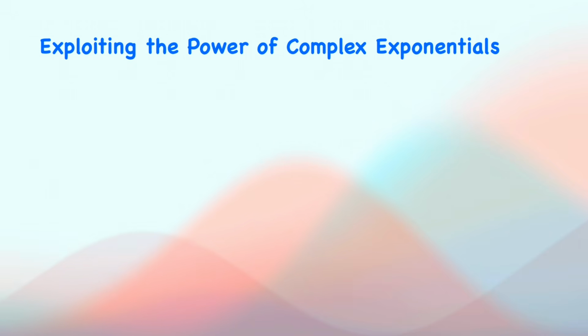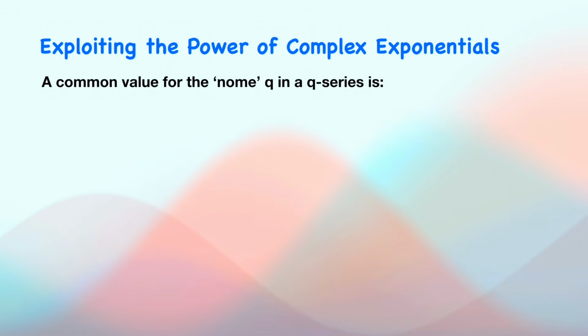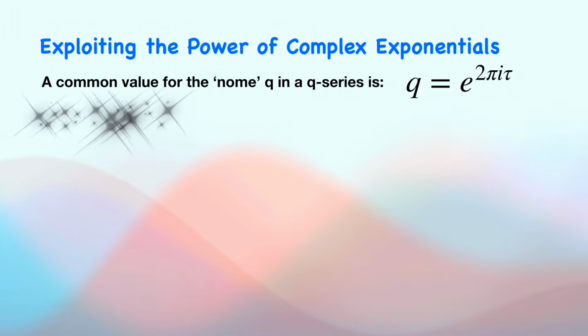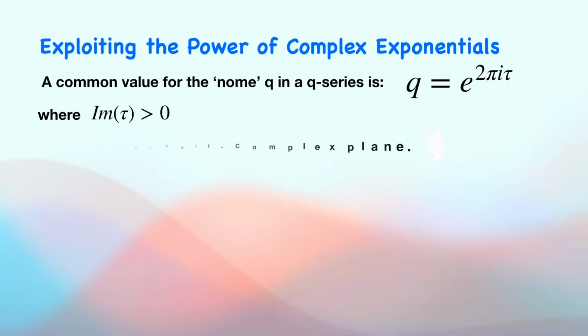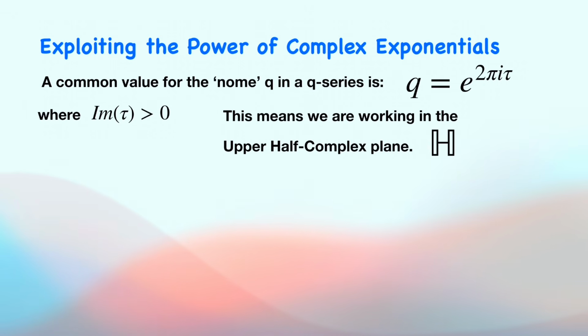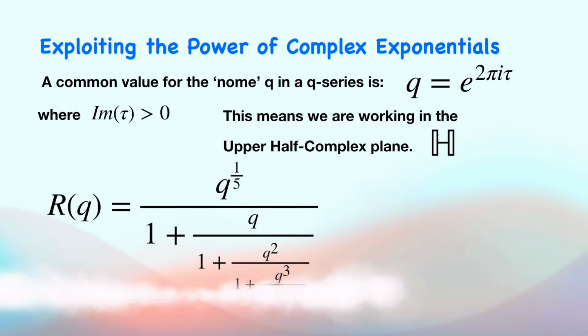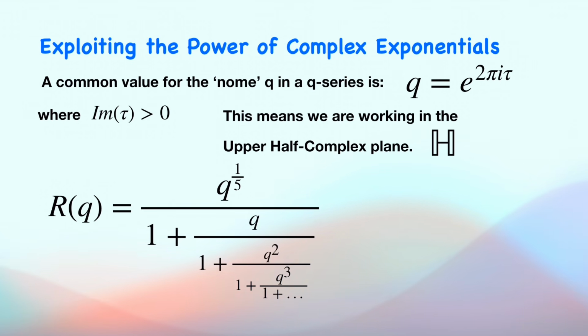Exploiting the power of complex exponentials. A common value for Q in a Q series is the gnome Q equals e to the 2 pi i tau, where tau lives in the upper half complex plane, meaning its imaginary value is greater than 0. So working in the upper half complex plane, what is our new continued fraction function going to do when we plug in this value of Q?